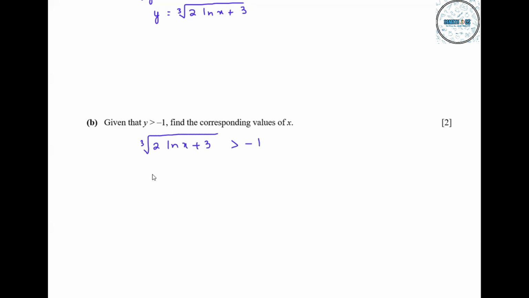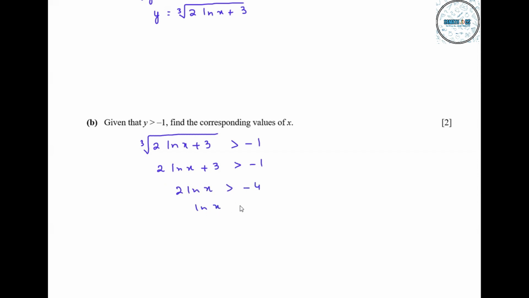So now we can take cube on both the sides. So we will have 2 ln x plus 3 is greater than minus 1. 2 ln x is greater than minus 4.